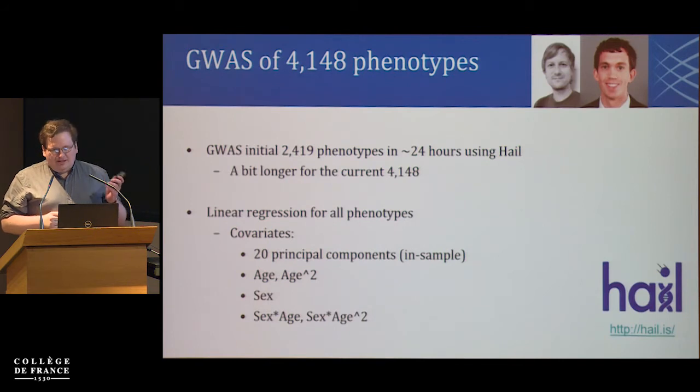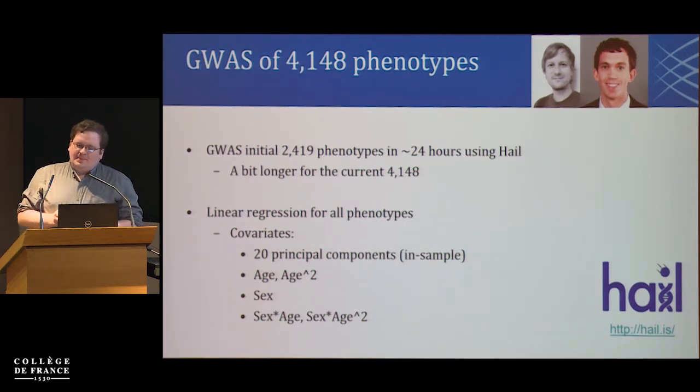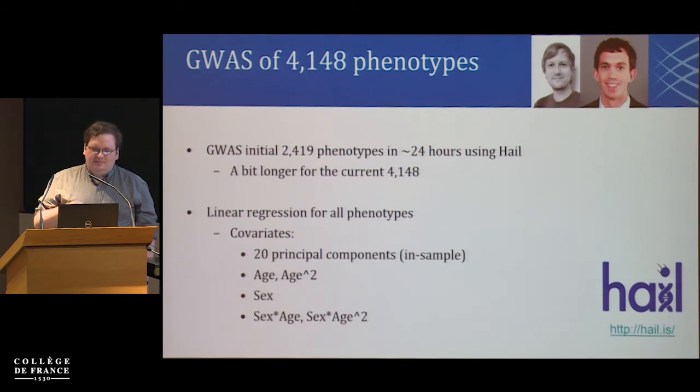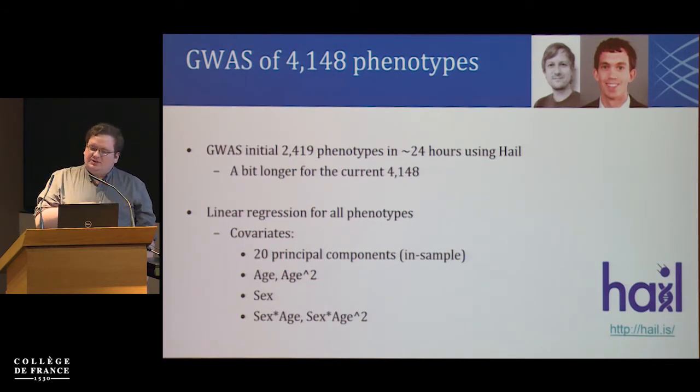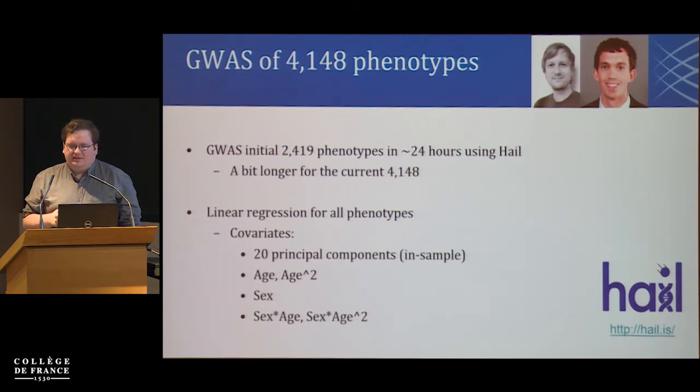So, in work led by Cotton Seed and implemented by Liam Abbott, who are pictured there at the top, they worked as part of building a more general platform called Hail, which is an open source genetics computational framework that makes use of big data computing in the cloud. They assembled a framework that allowed us to get through the initial batch of 2,400 phenotypes in about one day's worth of compute.